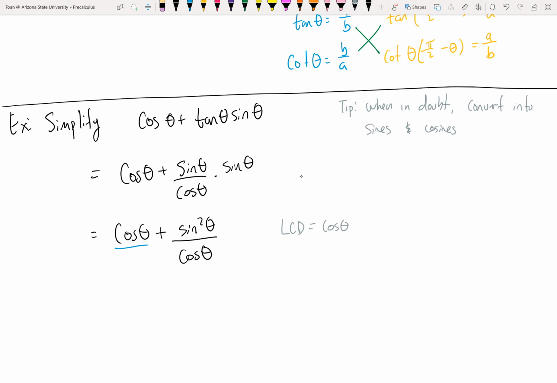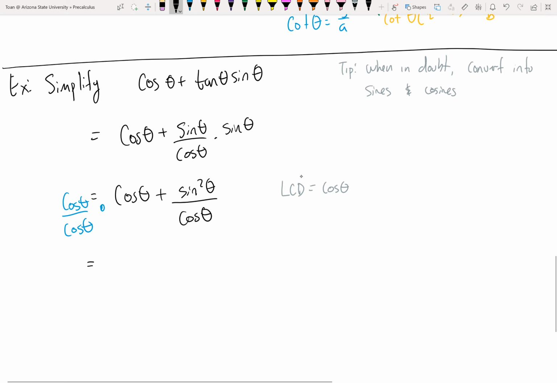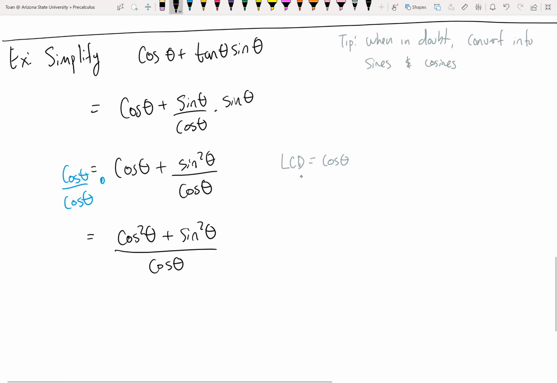So we're going to multiply everything, or rather, we're going to try to get the denominators to be cosines. I don't have to do anything with this guy because he already has a cosine, but I'll go ahead and multiply this guy by cosine over cosine. So that's going to give us cosine squared theta plus sine squared theta all over cosine, because they have the same denominator now.